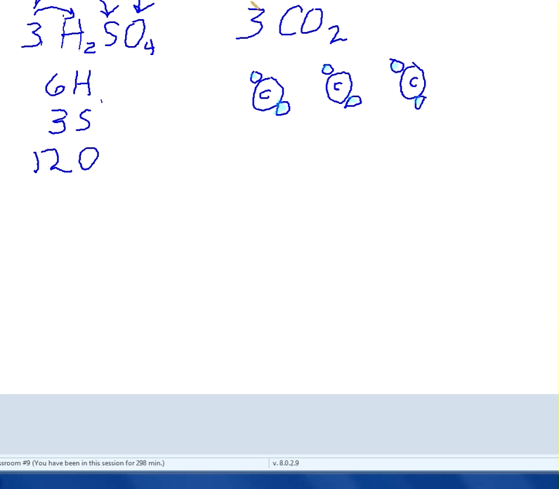Well, remember, this 3 goes for this, and it also goes for this. So altogether, in 3 molecules of CO2, I have 3 carbons. This is what it's telling me, and then we're going to look at our picture and see if we're right. 3 carbon. And 3 times, let's see, the oxygen is, we already have 2 atoms there, so it's 3 times the 2 is 6. So 6 atoms of oxygen.